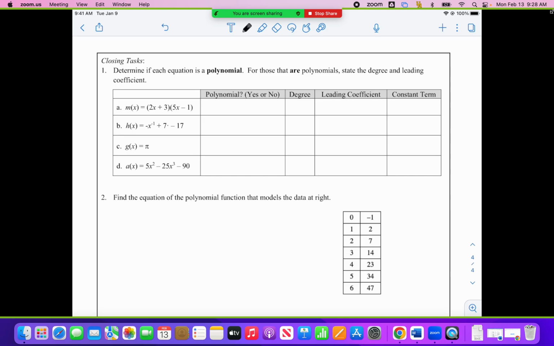The leading coefficient, again, is the number in front of the highest power, the term that's giving you the degree, okay? So go ahead and fill in your box. And then start number 2. I do want to guide you through that one since we only did one example of finite differences.